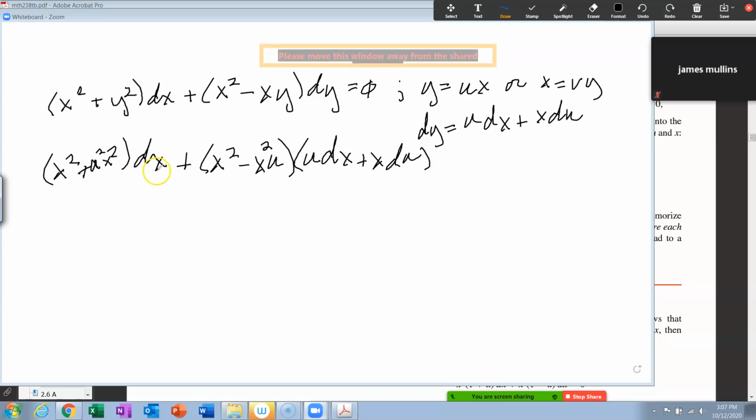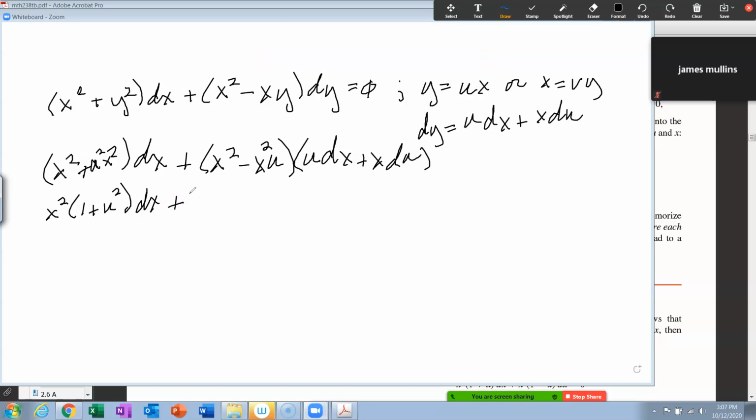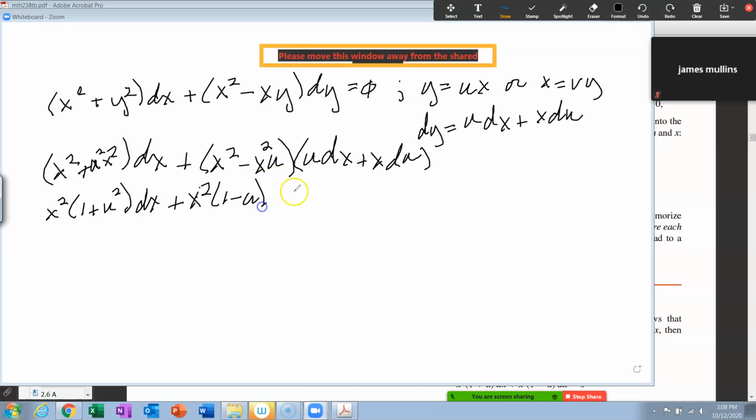Okay, now let's gather the dx's together, and we'll deal with that. So this is now, I'm going to factor out an x squared times (1 plus u squared) dx plus an x squared times (1 minus u) dx.